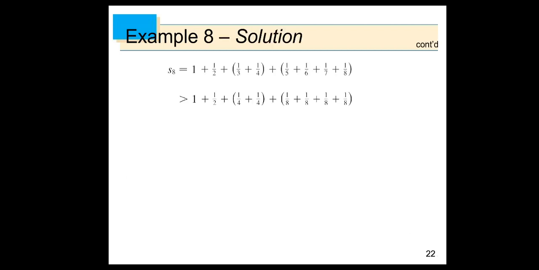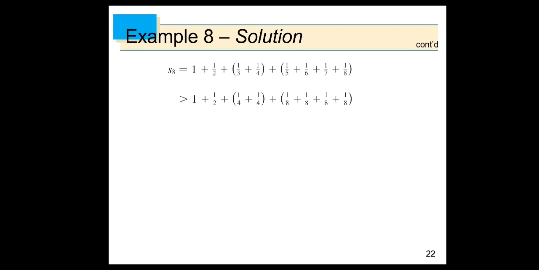Now we are dealing with S8. S8 would be 1 plus 1 by 2, that is our half, plus 1 by 3, 1 by 4, plus 1 by 5, 1 by 6, 1 by 7, plus 1 by 8.